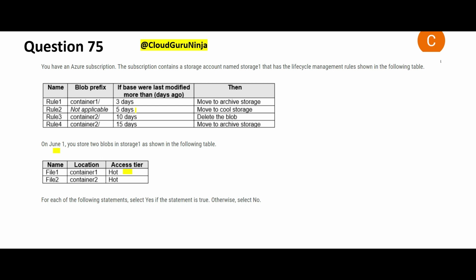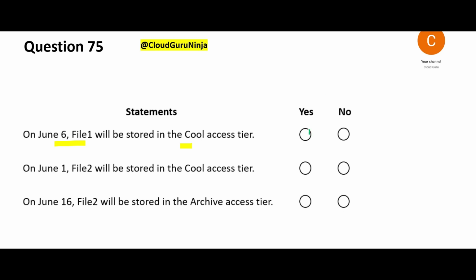If the days since last modified are more than that, that means if it is the 7th of June, then it will move to cool storage. If it is still the 6th of June, it will not move to cool storage. So here, it will not.